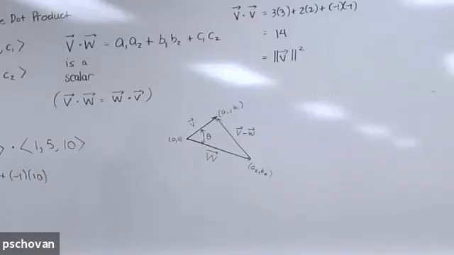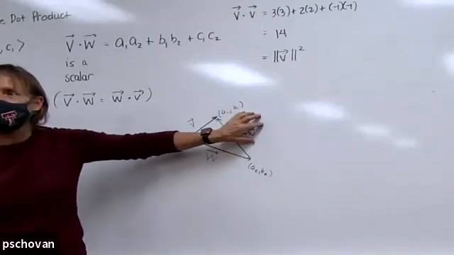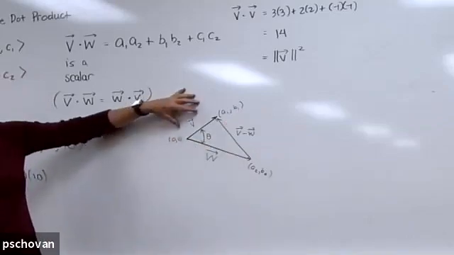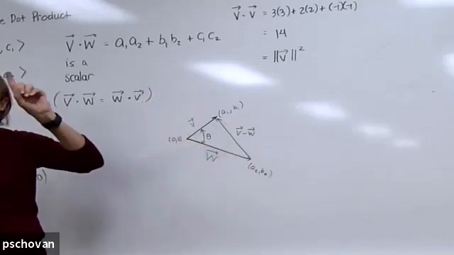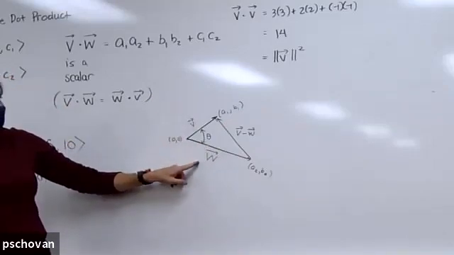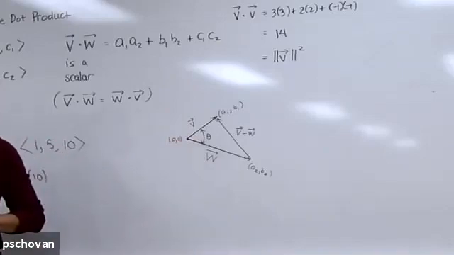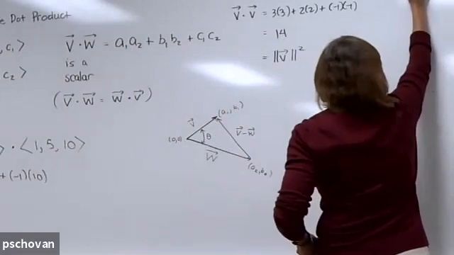The law of cosines says something like this. This side squared of a triangle is equal to this side squared plus that side squared minus 2 times the length of this side, length of that side, times the cosine of that angle. So in general, our law of cosines looks like this.